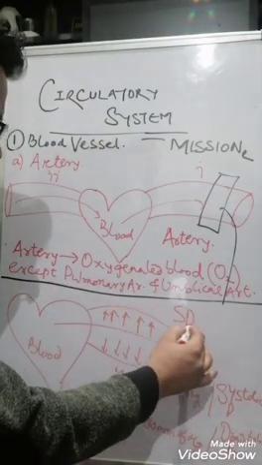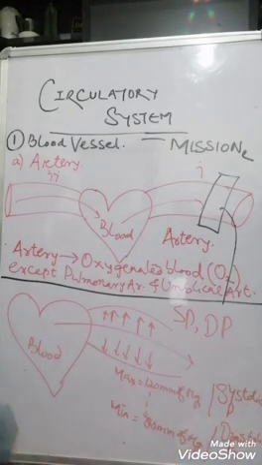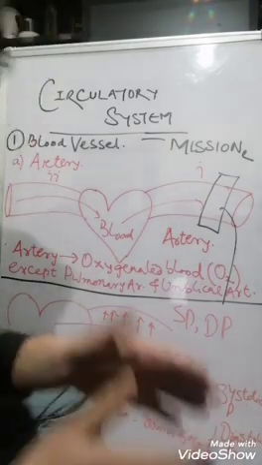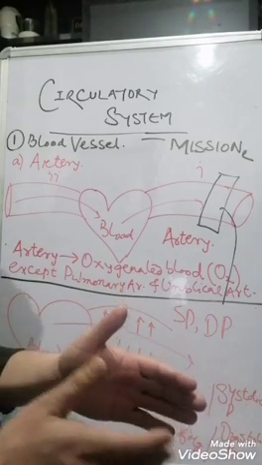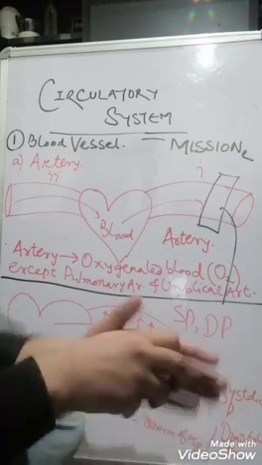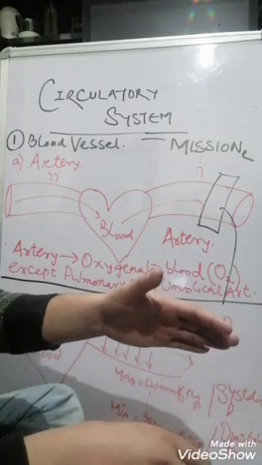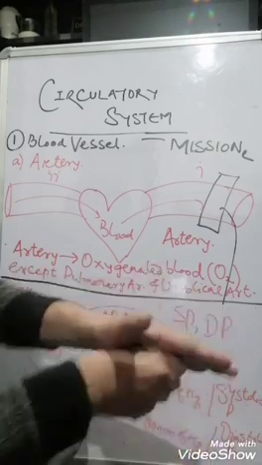So beta, we have two types of pressures. One is the SP and another is the DP. The systolic pressure and diastolic pressure. I again repeat this. As soon as the blood moves out of the heart into the blood vessel, or let it be the artery, the blood exerts the force on the artery wall. The force exerted is initially maximum.